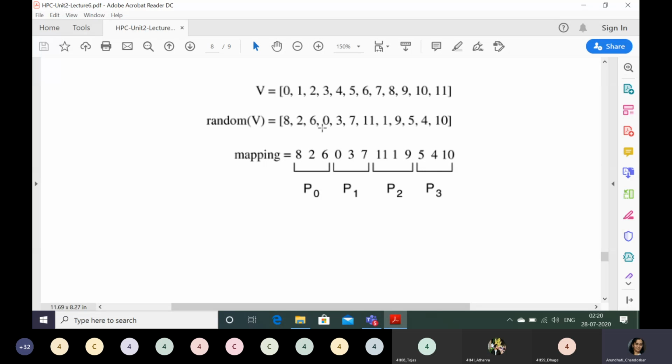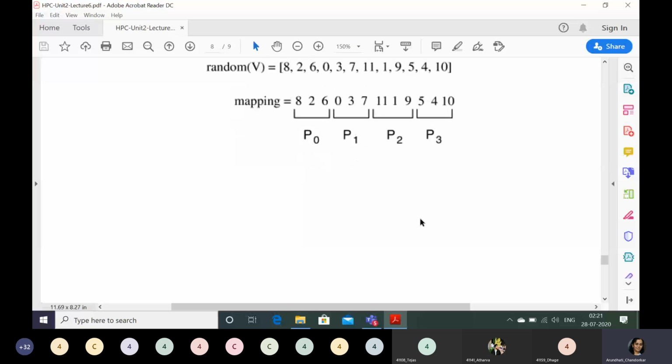Apply a random permutation and then map it like this. So you are with 4 processes and 12 elements, so 3 per process. So this is randomized block distribution. Using one dimension, it is called one-dimensional randomized block distribution, because only one vector, one dimension, we are using. I hope it is clear.